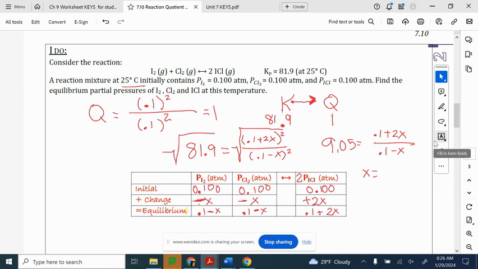For a lot of you, anyway. And you should end up with x equaling 0.0729. Then you just have to plop that back into here. So 0.1 minus that is going to end up giving us 0.027.